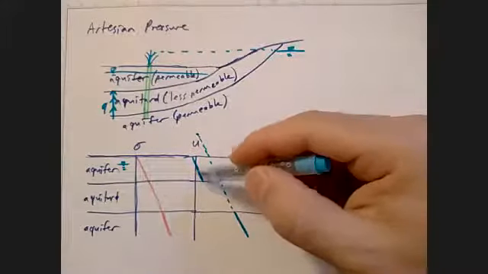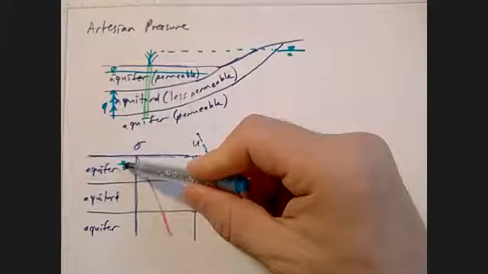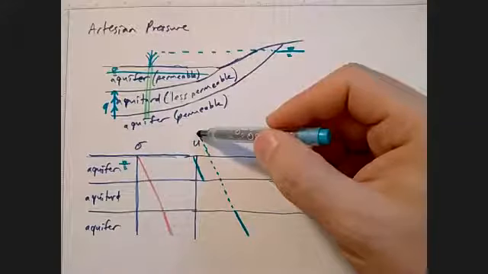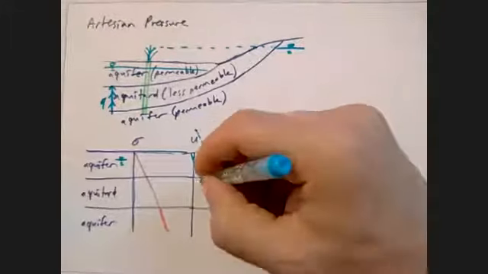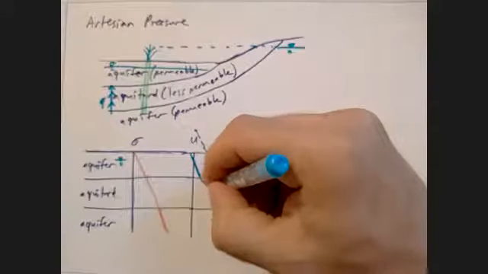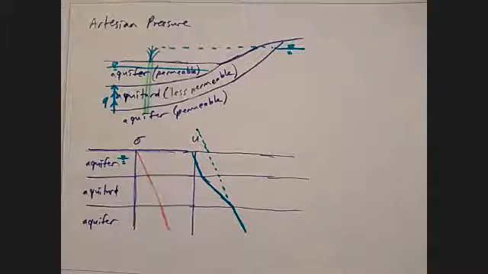So up here, you have this much head. At the bottom, you have this much head, a much higher head. So there's flow in between. So there's a hydraulic gradient in between. And because it's a 1D flow problem, things are changing linearly in between those.